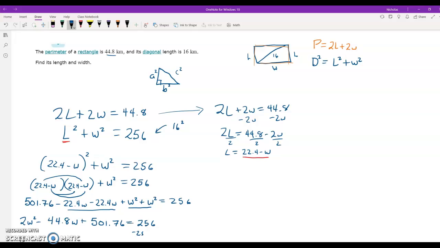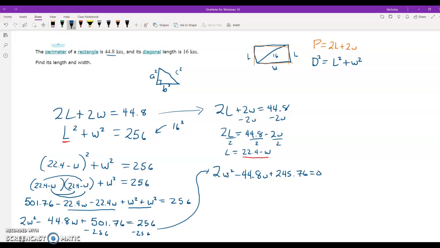Let's move that 256 over. And what we're going to get here is 2W squared minus 44.8W, 501.76 minus 256 gives us positive 245.76 equals 0.